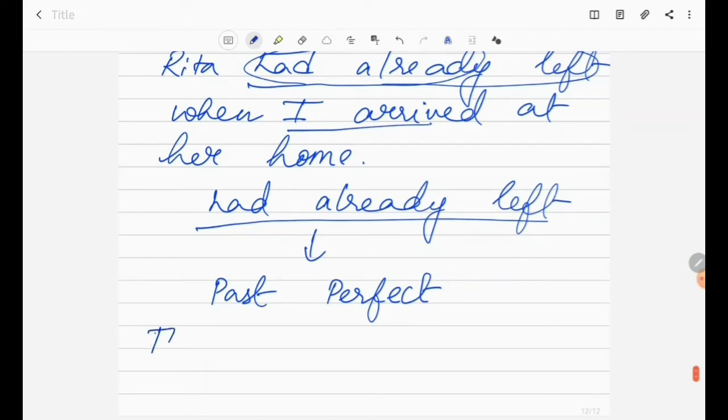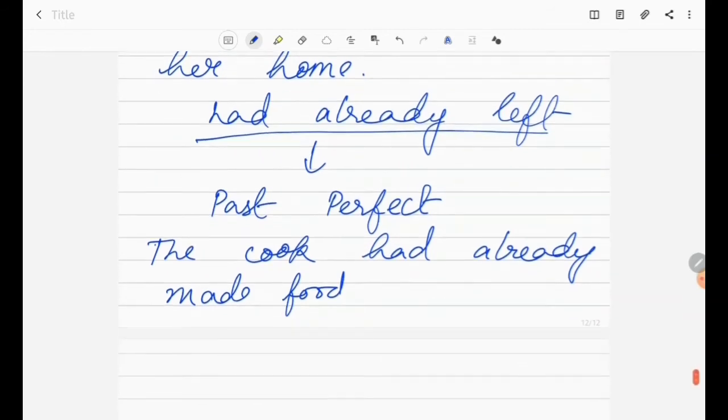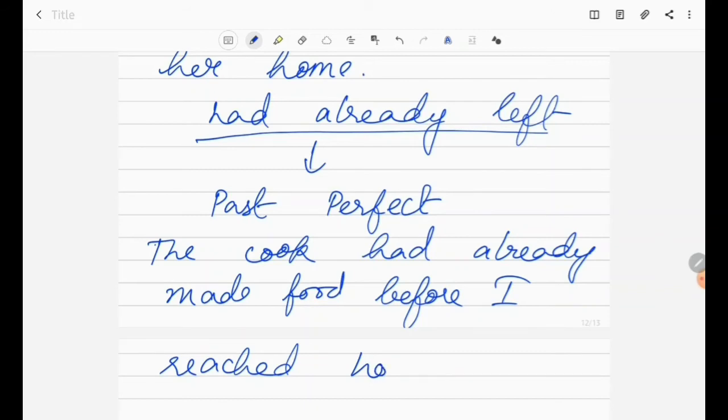Another example, the cook had already made food. The cook had already made food before I reached home. So what is the past perfect in the sentence?